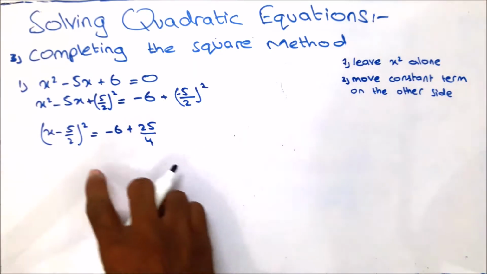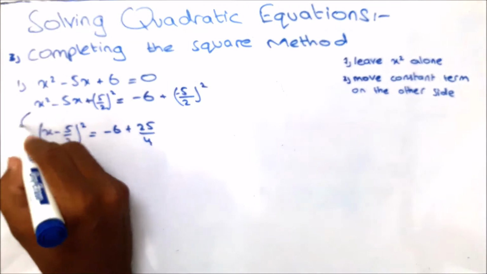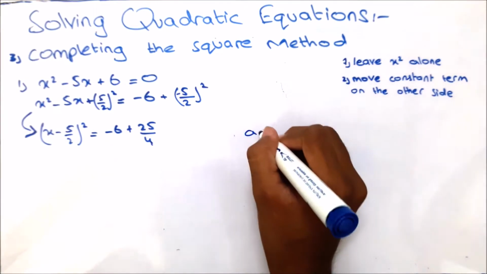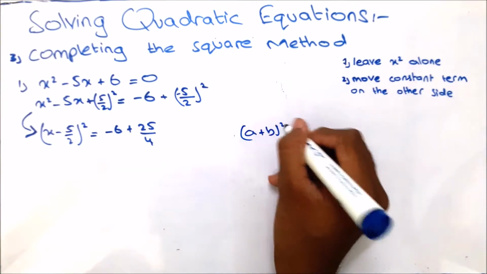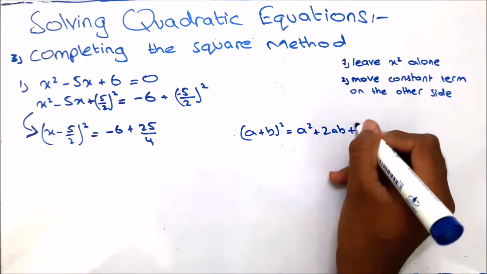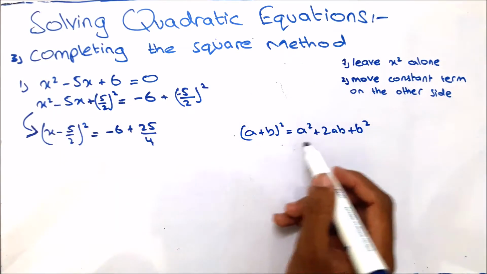Okay, here we have this. How did this convert into this? You must be familiar with the formula that a plus b whole square is equal to a square plus 2ab plus b square. This is in this form.